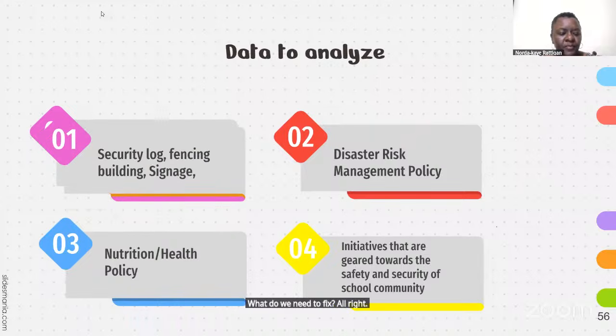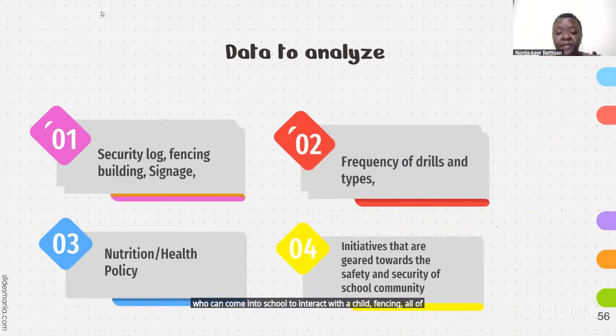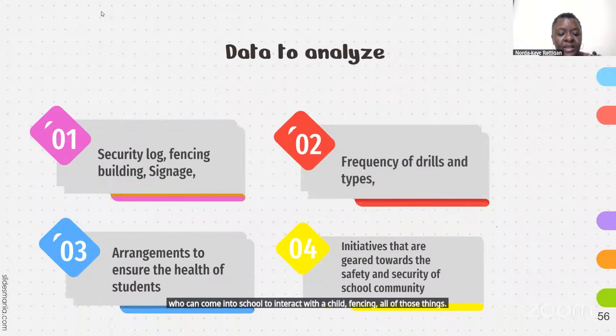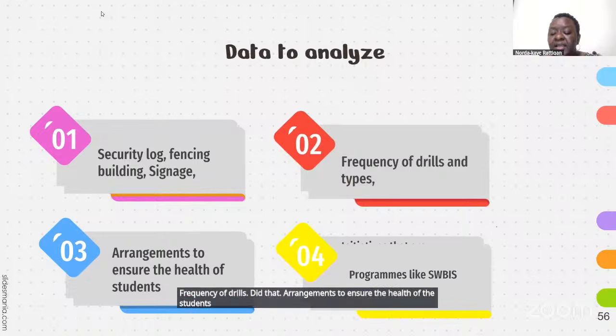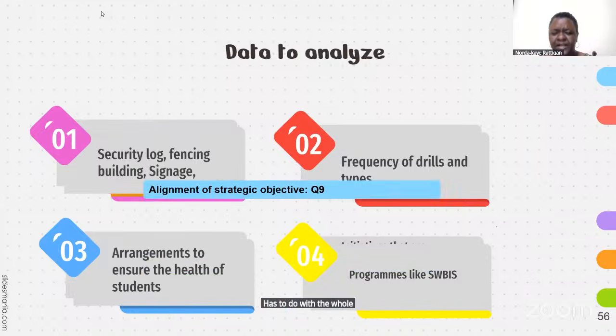So we'll look at your signage, your logging of the books, who picks up, who can come into school to interact with your child, fencing, all of those things. Frequency of drills, did that. Arrangements to ensure the health of the students. Programs like SWEBIS have to do with the whole development of the child.